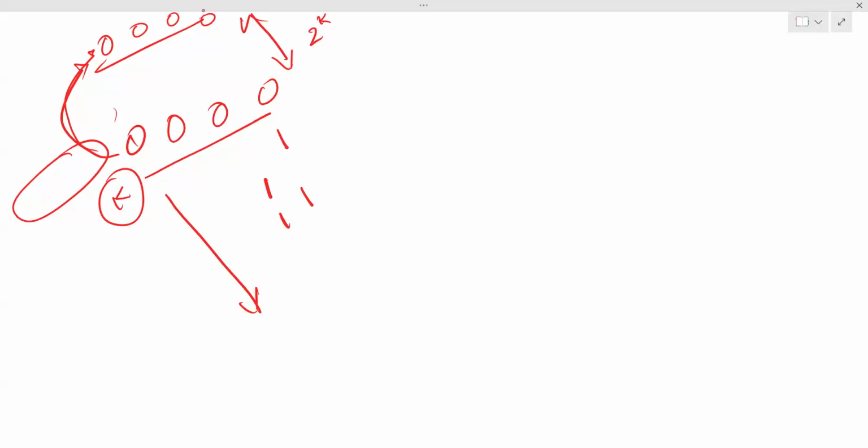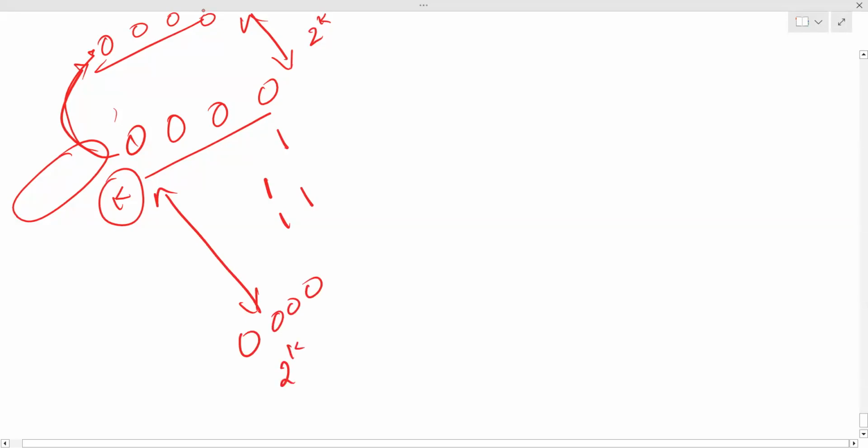This is nothing but 2 to the power k, where k is this bit. So after exactly this many numbers, all of these bits will again be 0. Before it, there will be a 1 here, then a 1 here, then a 1 here. But after exactly 2 to the power k numbers, I'll again have all these bits as 0. So that's why I'm dividing by 2 to the power k.